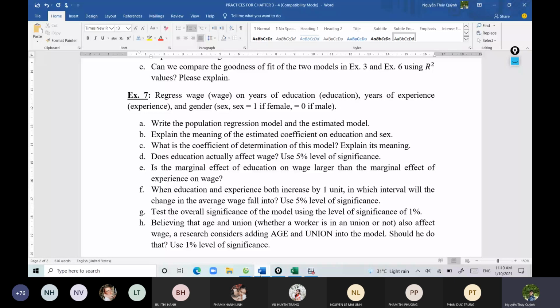Now, explain the meaning of the estimated coefficient on education and sex. Here is the estimation output.